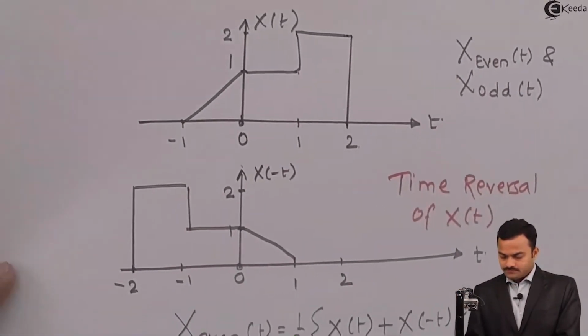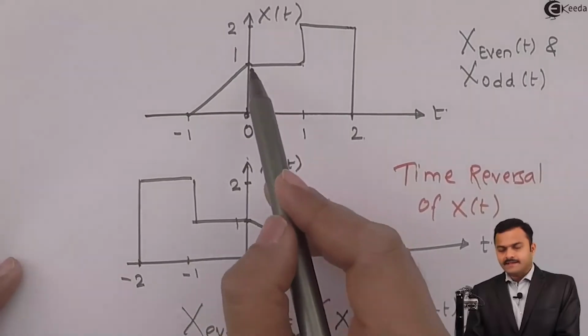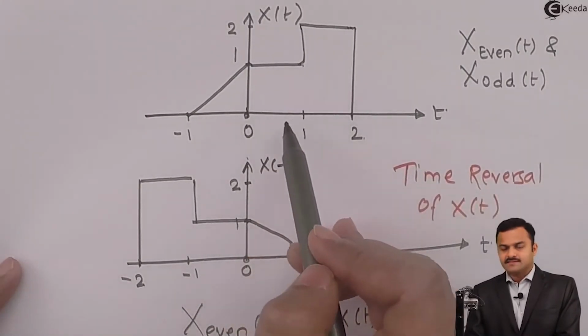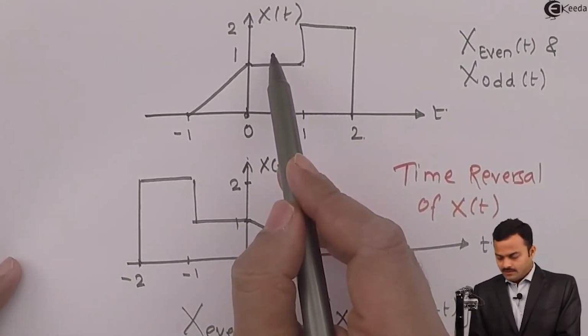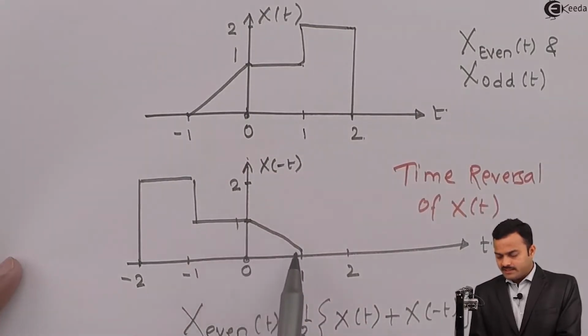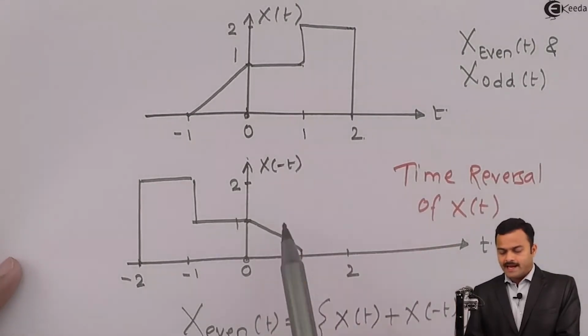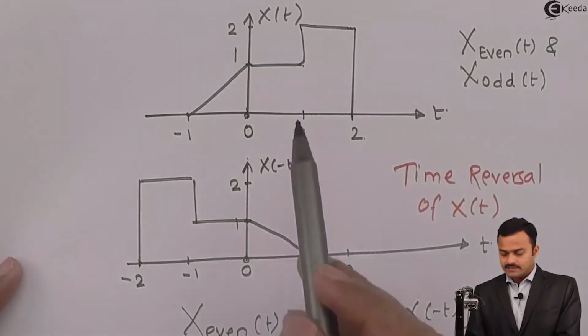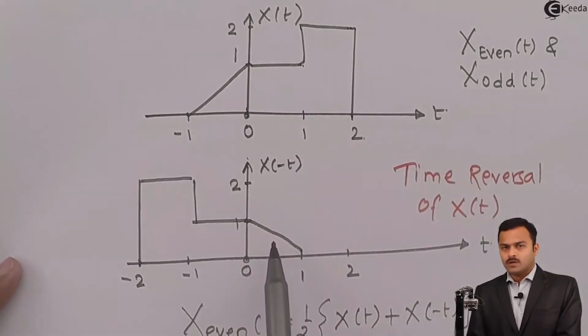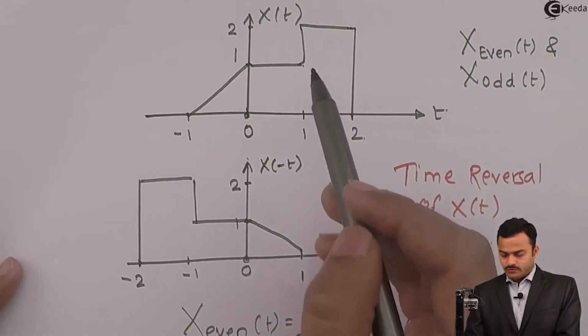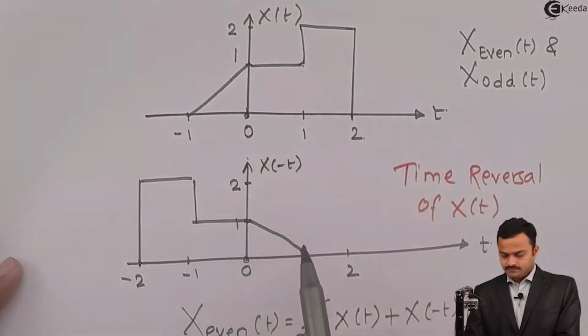From 0 to 1, x of t is a straight line parallel to the t-axis, meaning the slope is 0. From 0 to 1 for x of minus t, it's a ramp but having the slope minus 1. So the two slopes will get added, and in the end I will get a slope of minus 1. Now we need to find what should be the value at t equal to 1 in both cases.